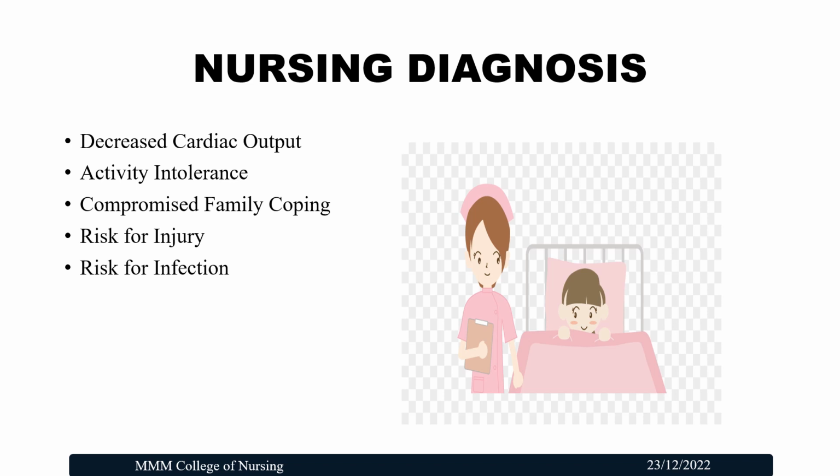Then activity intolerance, because the child may experience exertion on doing activities. Then compromised family coping, as the family of a child undergoing treatment or surgical management has compromised coping. Then risk for injury and risk for infection. These nursing diagnoses can be prioritized and the care can be improved.